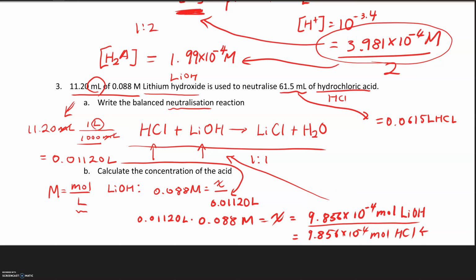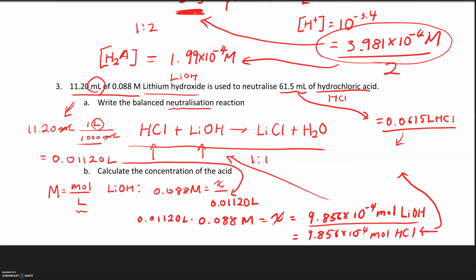Now that means we know the moles of HCl and the volume of HCl, so we can come to the gathering circle right here and put down 0.0615 liter HCl divided by, oops, my bad, this was a mistake.